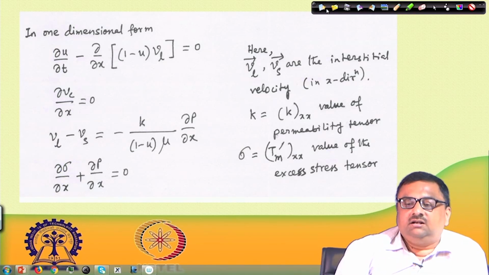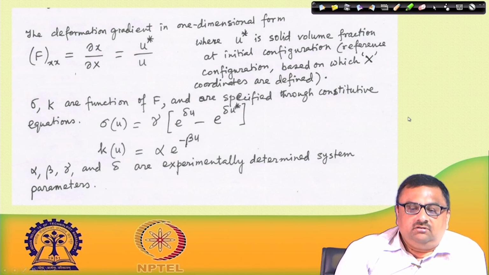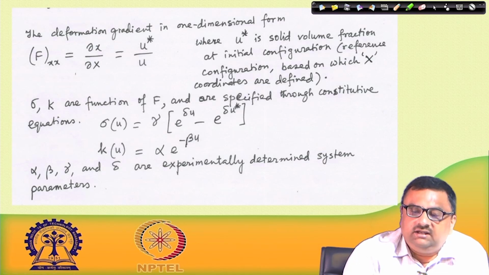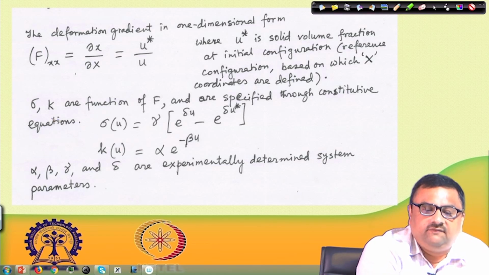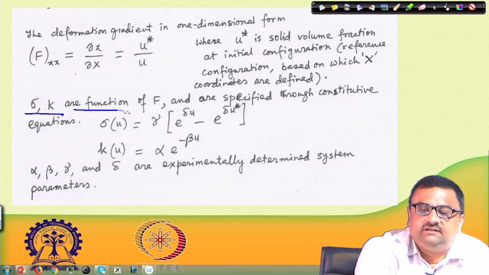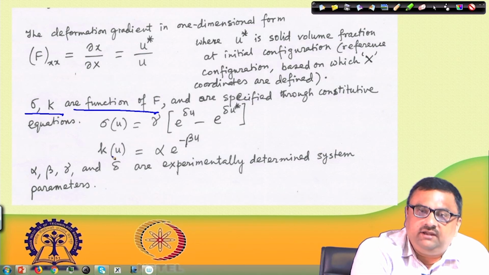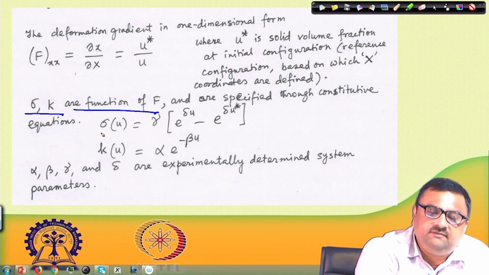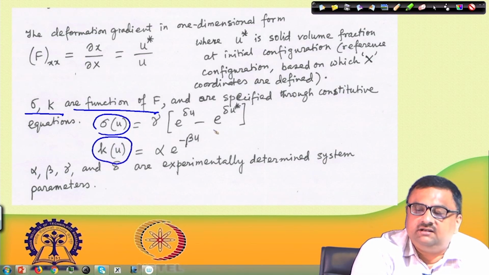Our approach would be that we define sigma and k as functions of F. Sigma is the excess stress and k is the permeability, and we have to consider sigma as a function of solid volume fraction, and permeability as a function of solid volume fraction, using some constitutive equations.